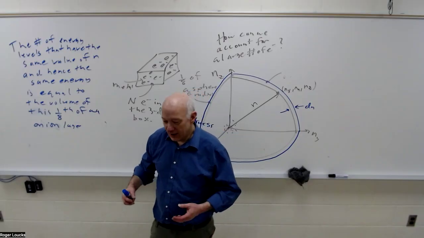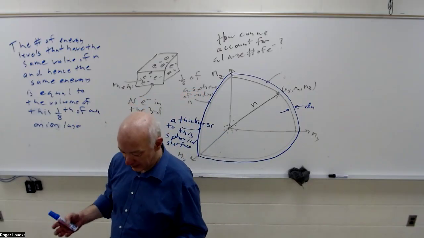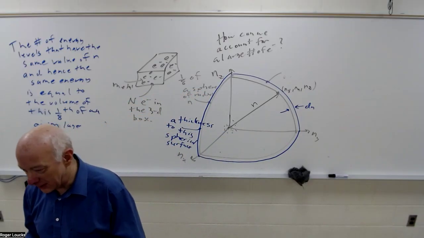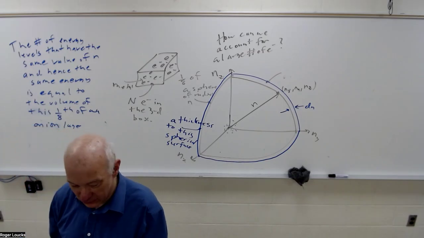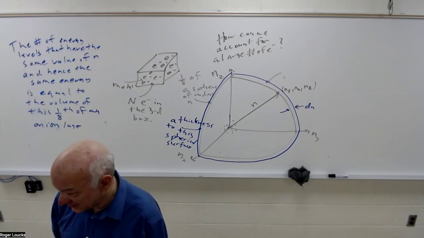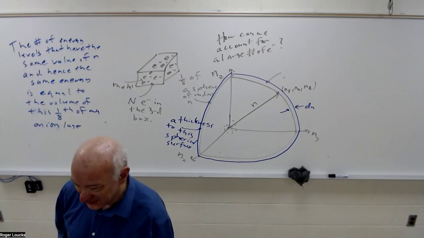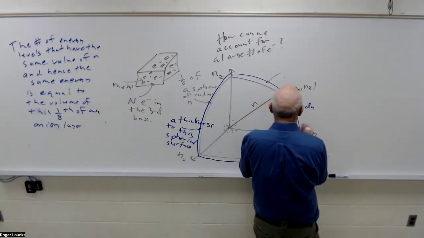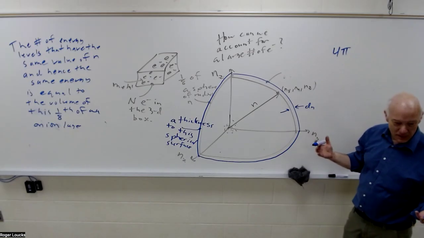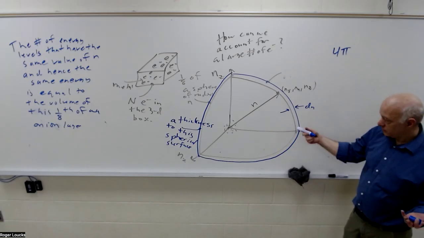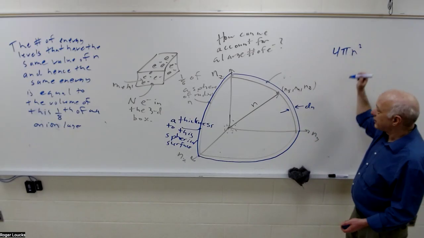Okay, let's talk to you physicists and engineers, who are now juniors and sophomores. Let's have this crazy hypothetical structure I like to call a sphere. What is its surface area? 4 pi r squared. Thank you. What's the r in this case? n. So that's the surface area.